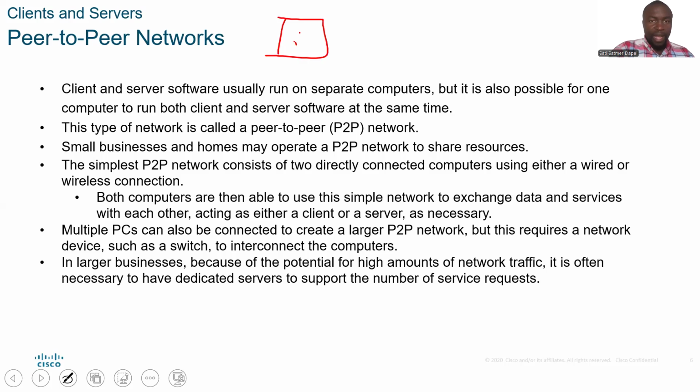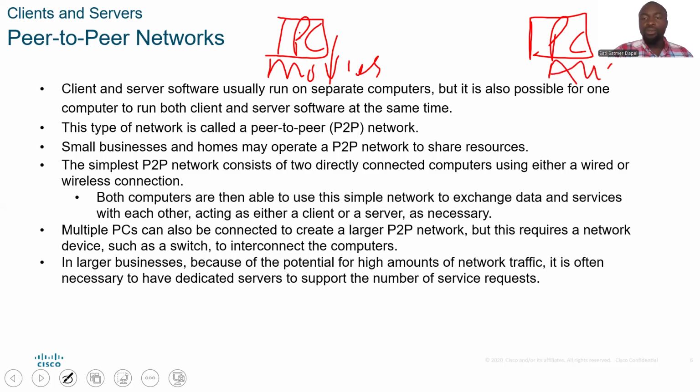So if I have a PC here, and another PC here, and here I have movies, and here I have audio, like MP3 and things like that. Then I decide to make a one-to-one connection between these systems without an intermediary device.